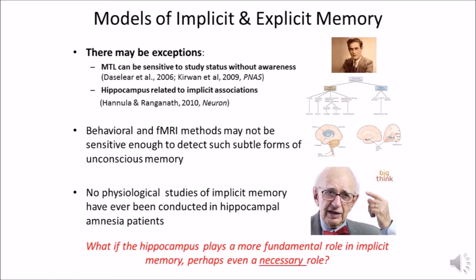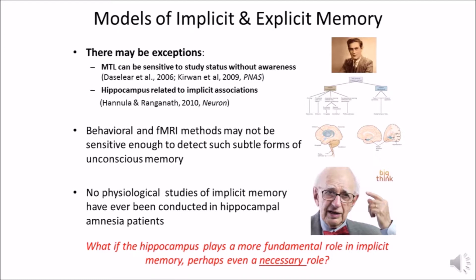And it's possible that this wealth of data since 1957, even going back beyond that to Korsakoff's patients, has only used behavior and fMRI measures. And so it might be a two-dimensional approach for a 3D picture, and we might not be using sensitive enough measures to detect differences that might truly be there.